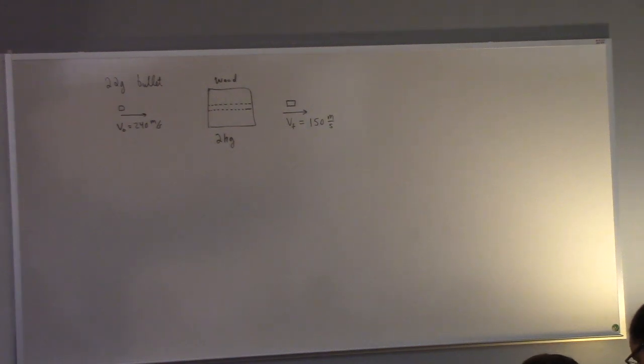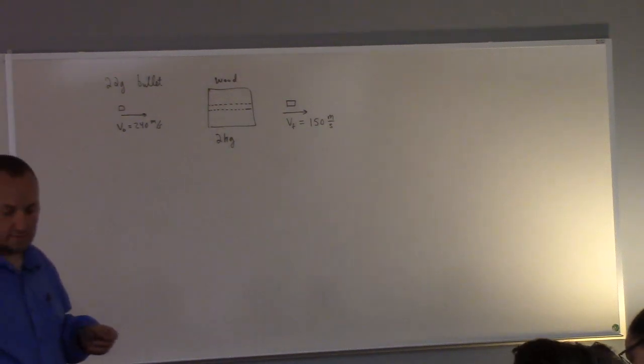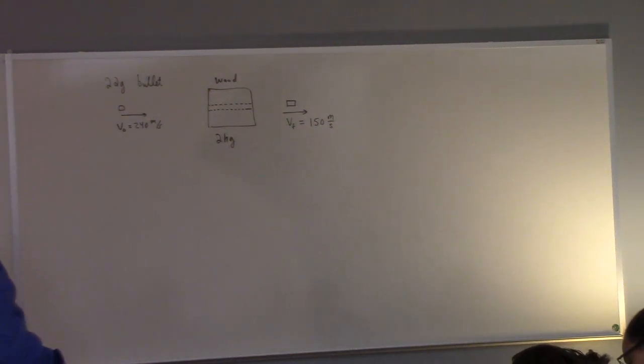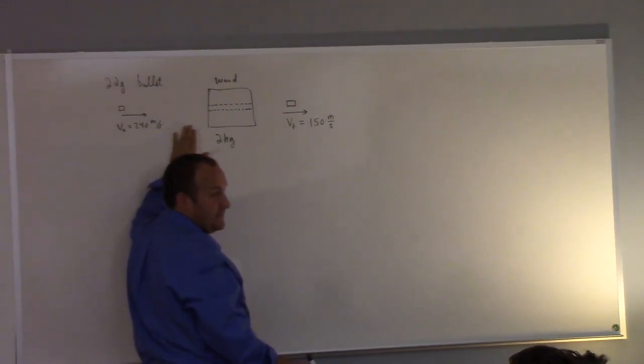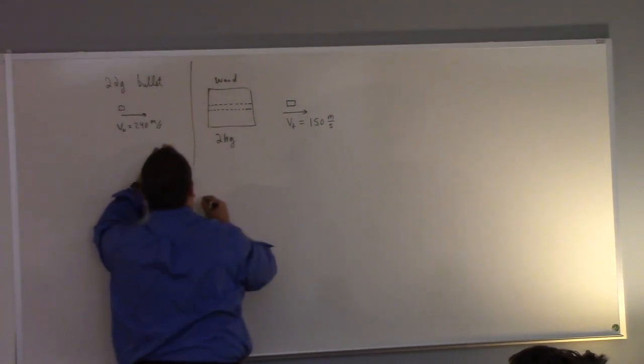So this is the question. If the block is stationary on a frictionless surface when hit, how fast does it move after the bullet emerges? Let me repeat the question again. If this block is originally at rest, this is before.